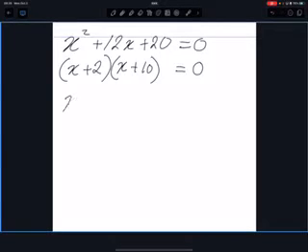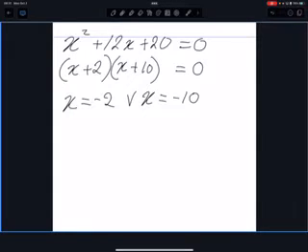And then x equals -2 or x equals -10. Those are the roots. You're halfway there. Something like this gives you like 4 points, if I'm not mistaken. You already got 2.